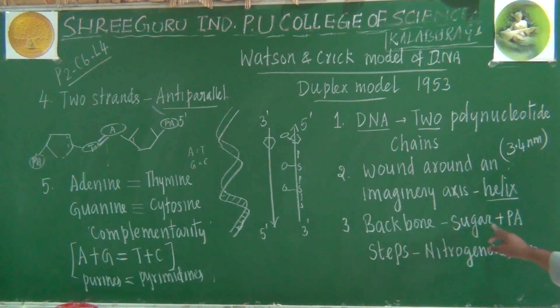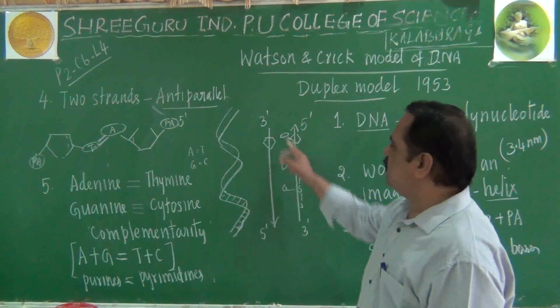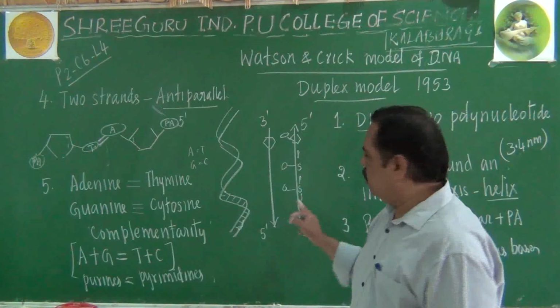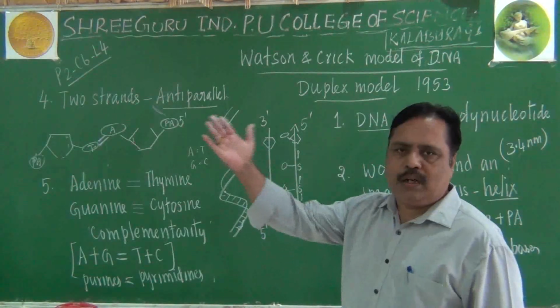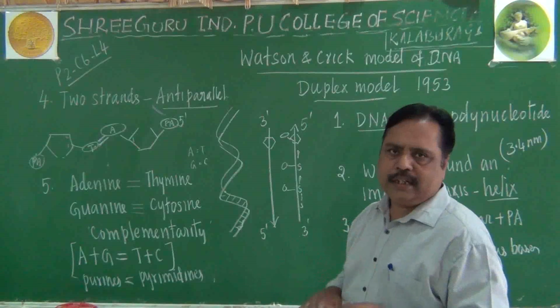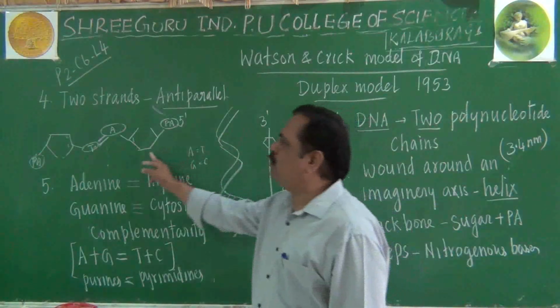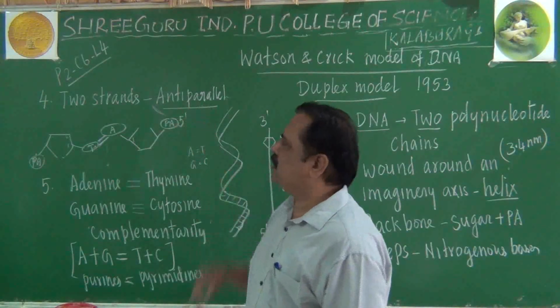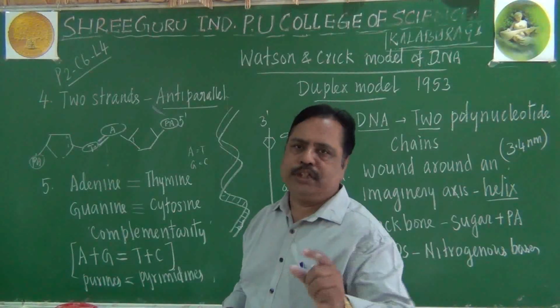Their backbone is made up of sugar and phosphate, whereas their steps are made up of nitrogenous bases. That means nitrogen bases project inwardly, and sugar and phosphate form the outline border of a strand. A very important point is that these two strands are anti-parallel to each other.